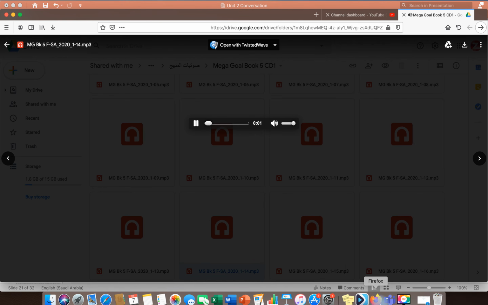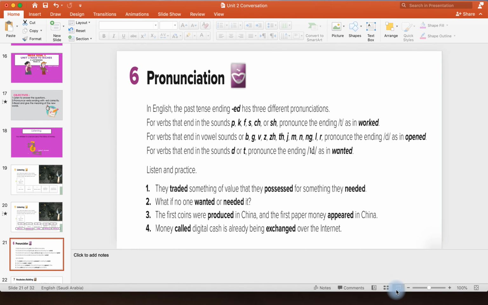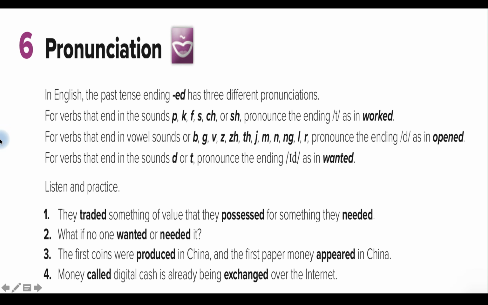page 25. 6. Pronunciation. In English, the past tense ending ed has 3 different pronunciations. For verbs that end in the sounds p, k, f, s, ch, or sh, pronounce the ending t, as in worked.